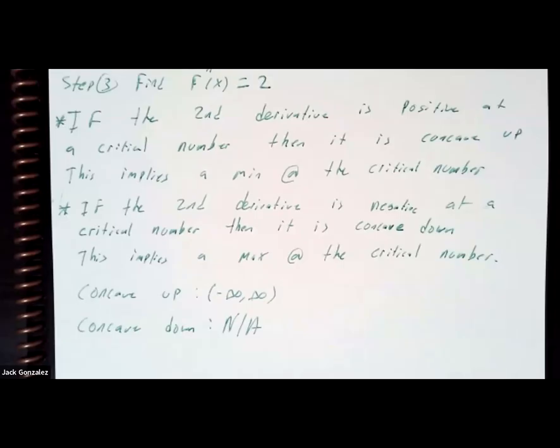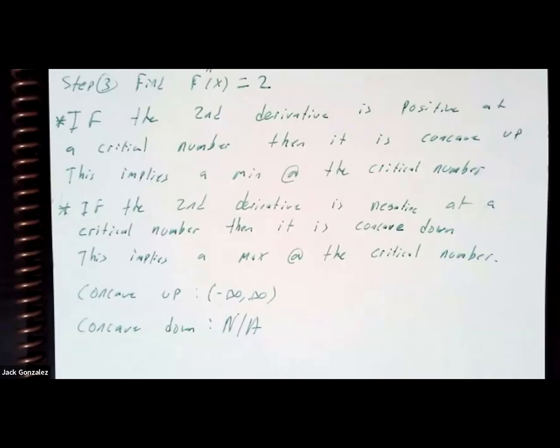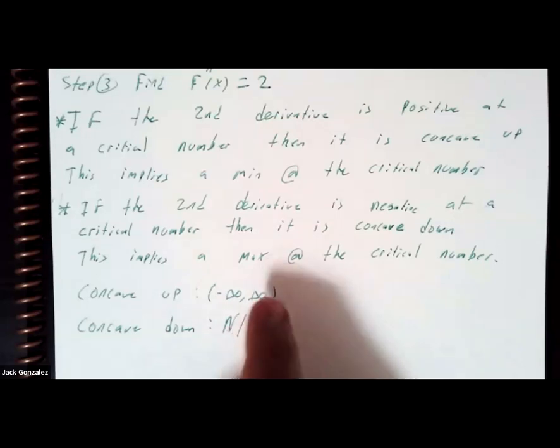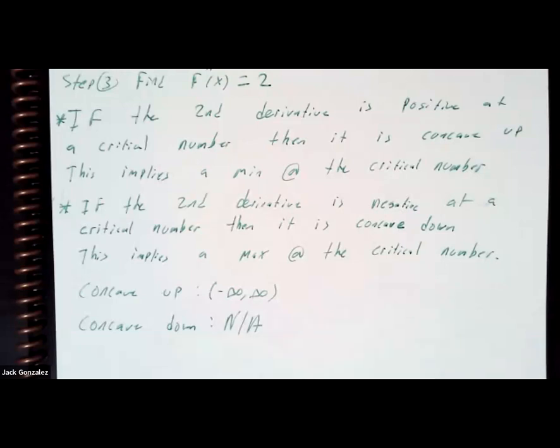In the next example, we're going to have to test around the critical number, just like how we did the first derivative test. That way we can see what's going on. Here, since it was just a positive number, there was nothing to test because it's always concave up everywhere. But let's do the next one, I'll show you how that works.